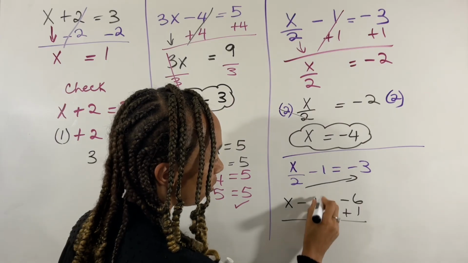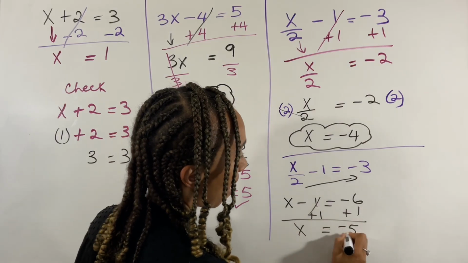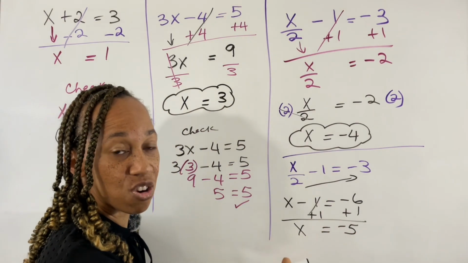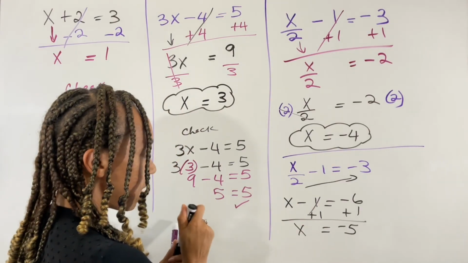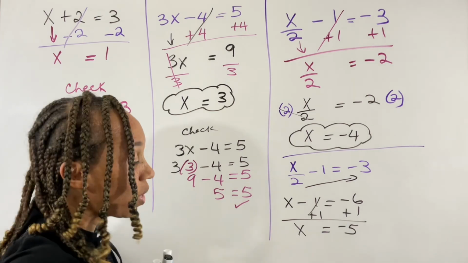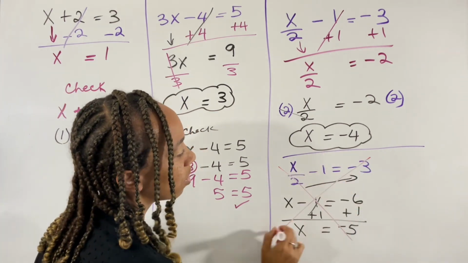That is going to give you x equal negative 5. You notice your answer is incorrect. So this is the reason why you cannot do this. So just be careful there, and I'm going to put an x right through it.